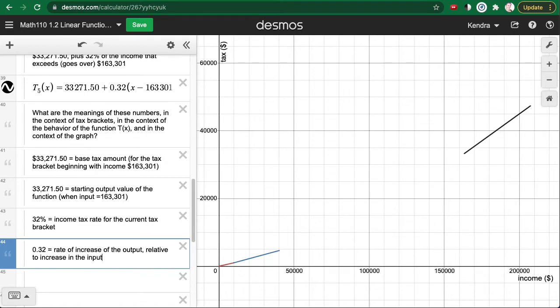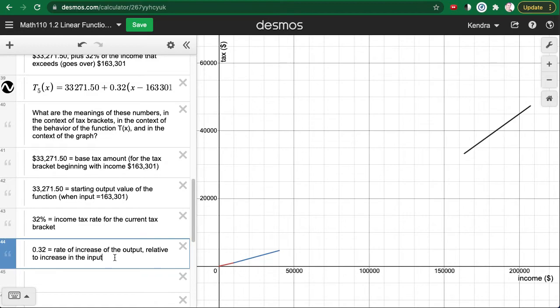Okay, so let's put this in context here. This is the income tax rate for the current tax bracket. Okay, that's fine.